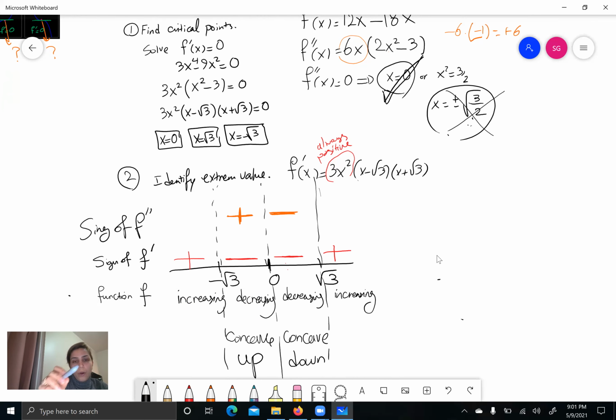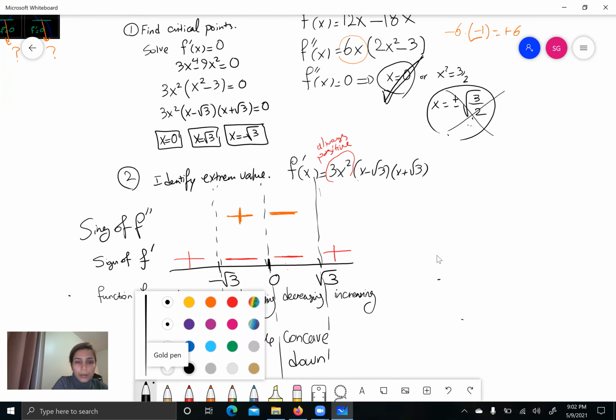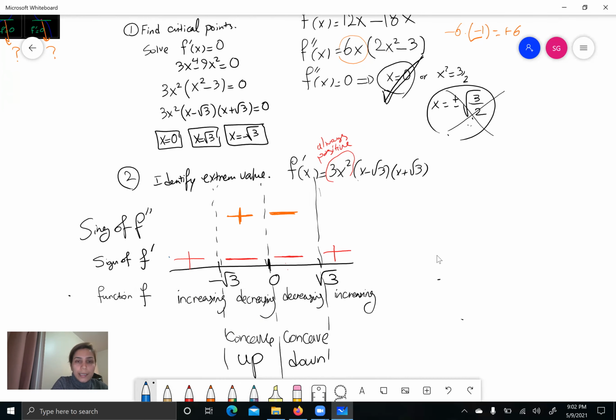Actually, the function at square root of 3 over 2, yeah, it's gonna change the concavity. So far, I know the function is increasing and decreasing, and it's concave up.